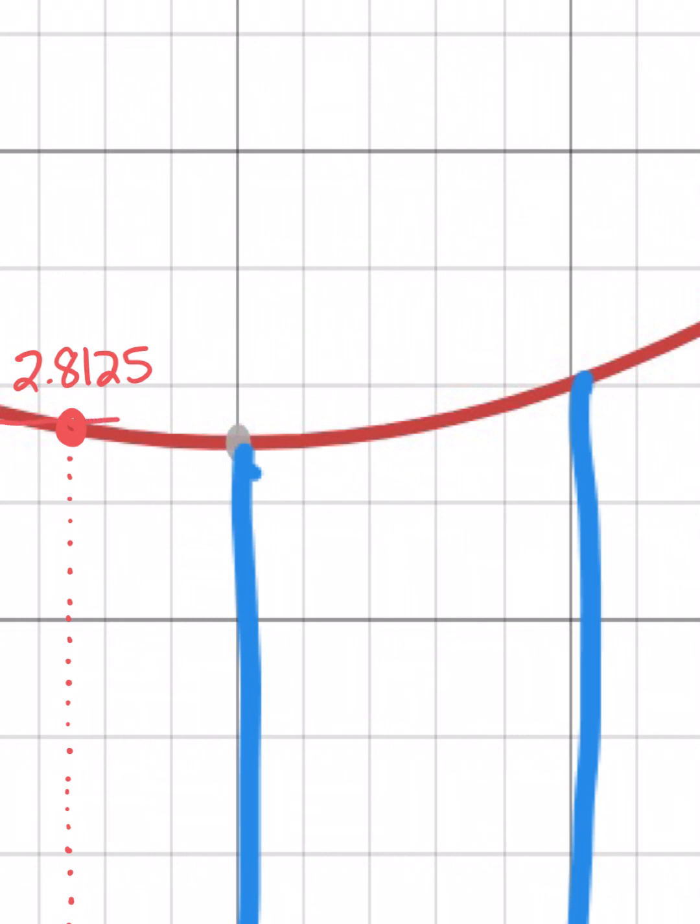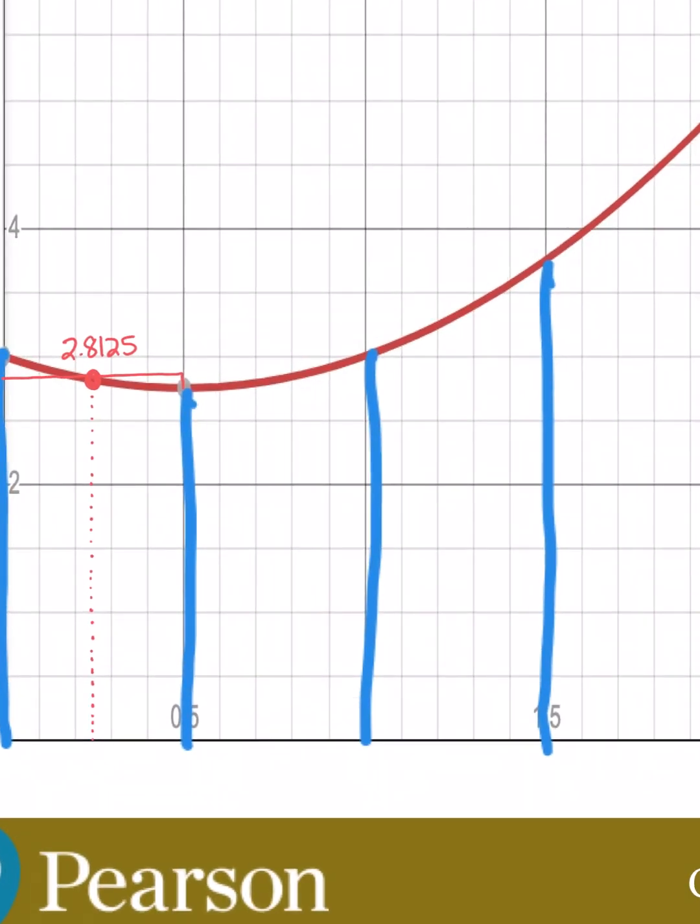That rectangle there is partially above and partially below. What is the area of that rectangle? But remember how wide the base is. Okay, what's our base this time, which is different than last time? Last time the base was how long? 1. This time the base is only 0.5.